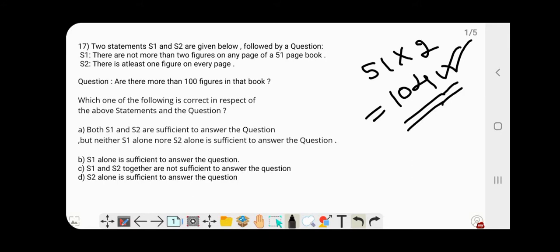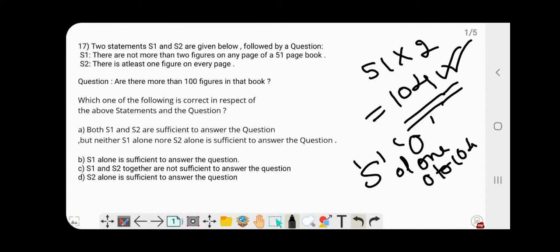Okay, but it can also be 0, right? Because the first statement doesn't say anything about the minimum figures. So if we go by S1 alone, then the possibility varies from 0 to 102. We can have a minimum of 0 figures or a maximum of 102 figures. So it doesn't answer the question, are there more than 100 figures in the book?